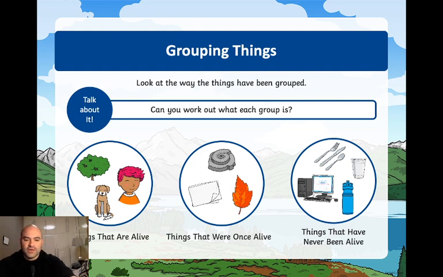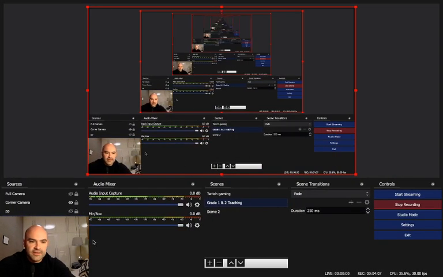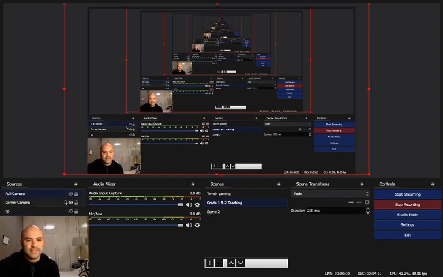Let's see what is on my table, okay, or in my bedroom. What do you guys see behind me that we could categorize as alive, or never has been alive, or what is it again?